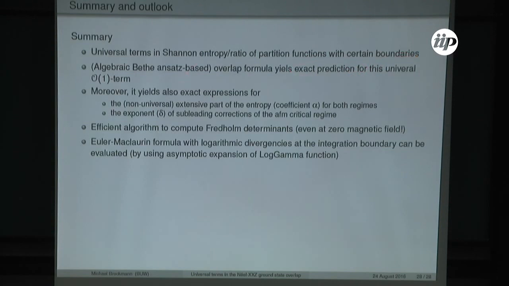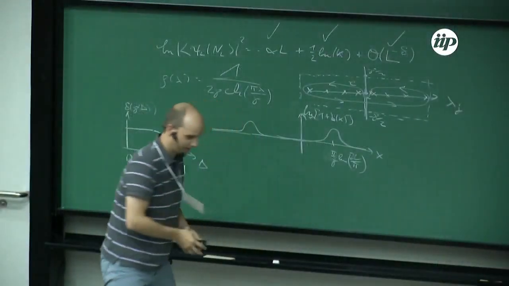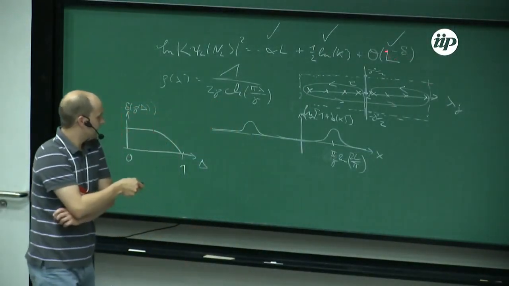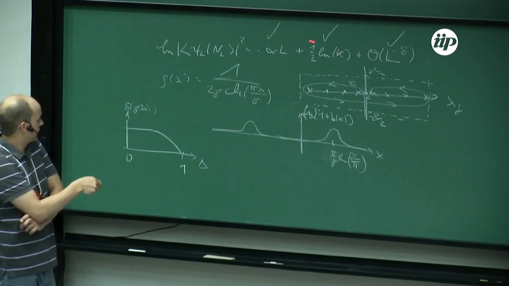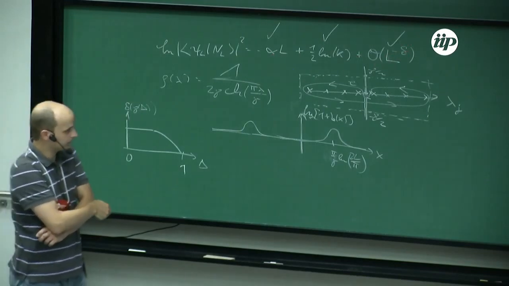Moreover, we also got an explicit expression for this coefficient alpha, and for this exponent delta, which gives higher order subleading corrections to the first two terms.